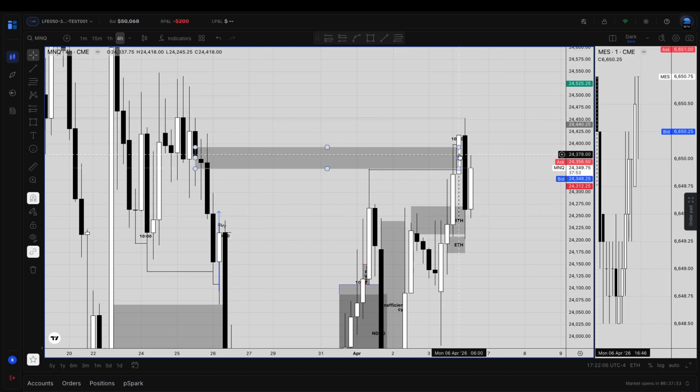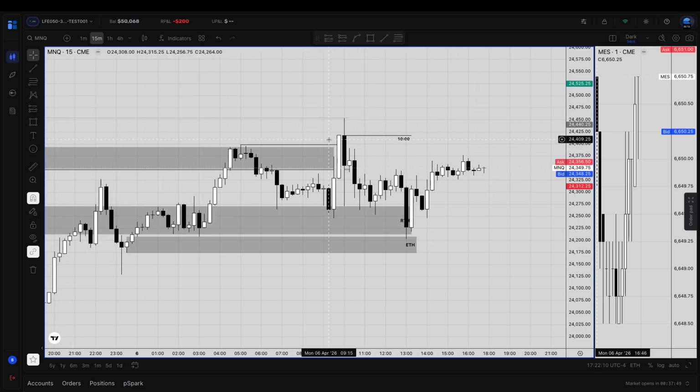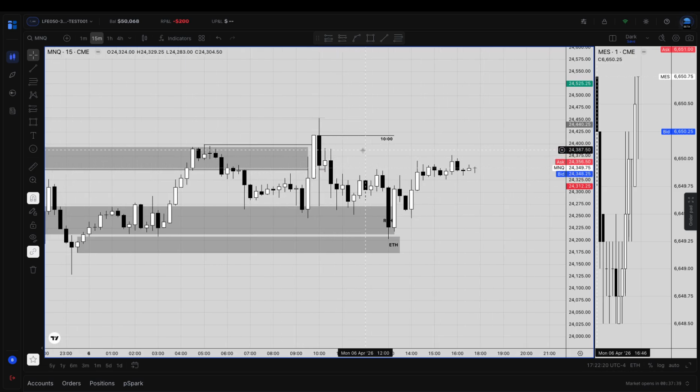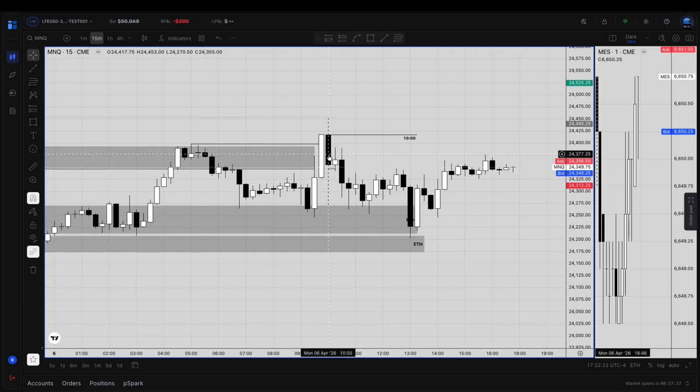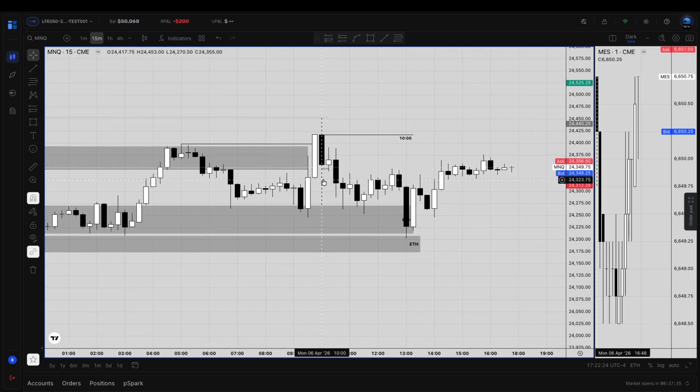So for each candle, it's the same stuff. So I expect it to retrace back, and I'm going to go long again. What I faced is this down candle is also a part of inefficiency.